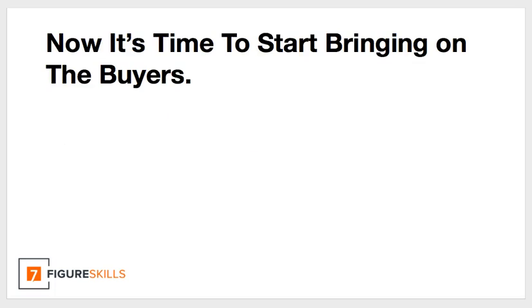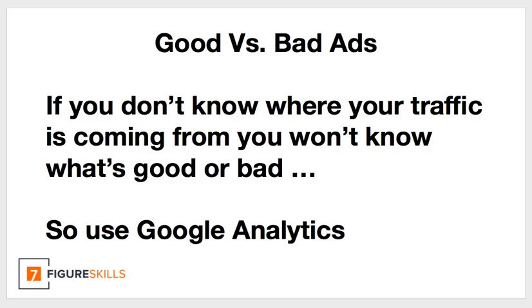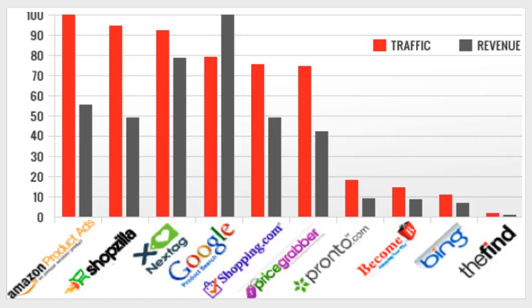That's our key, right? So first, we got to understand the good versus bad ads, and if you don't know where your traffic is coming from, you won't know what's good or bad. So as I mentioned, use Google Analytics, but some of the things I've spent thousands of dollars on, guys, that just did not work are, and here you basically have an image of all these paid traffic and search engine companies and brands out there like Amazon Product Ads, Shopzilla, Nextag.